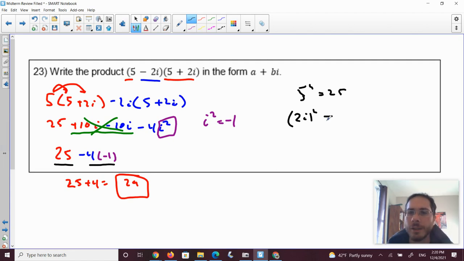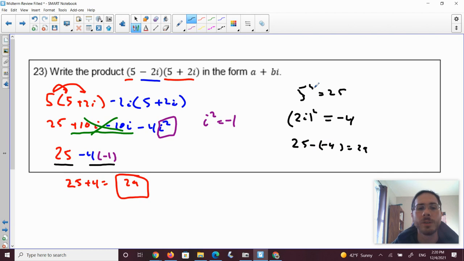All right, now the negative 4 shows up. Cool. So again, we can see that we could use the trick because 25 minus negative 4 is 29. So on the one side, it's a lot faster just to use the trick that we learned this unit. But again, on the left side, it did show how we did it before with the last unit. All right, so that's 23.